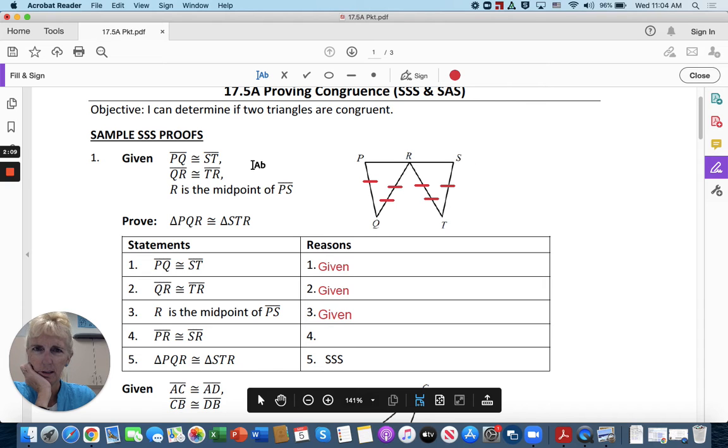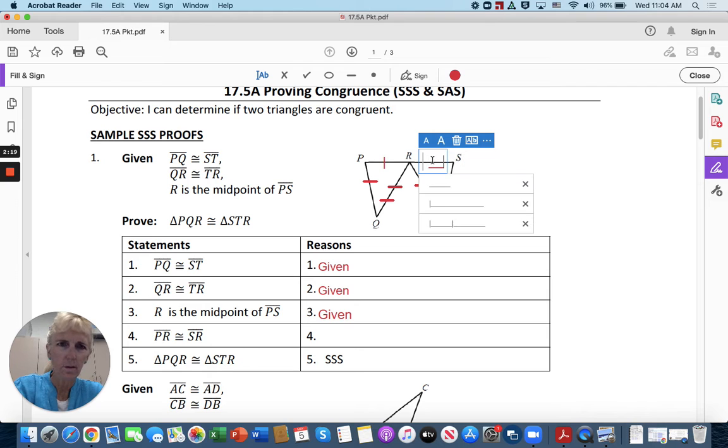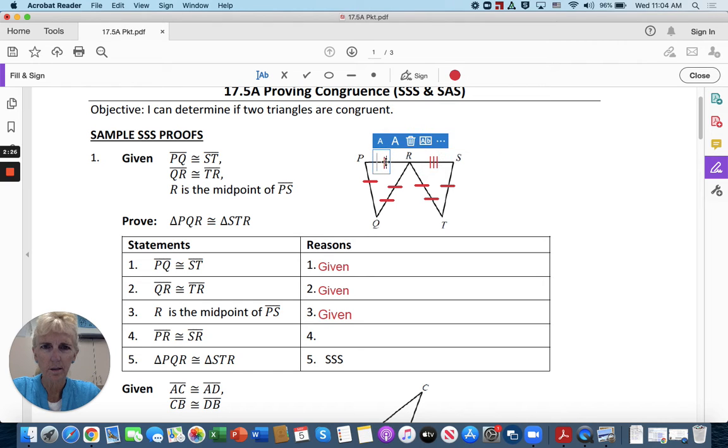Now PR, this one is congruent to this one. Why? Actually, I should do three markings there.